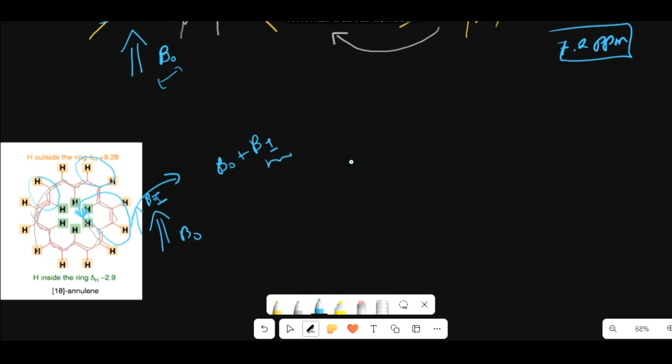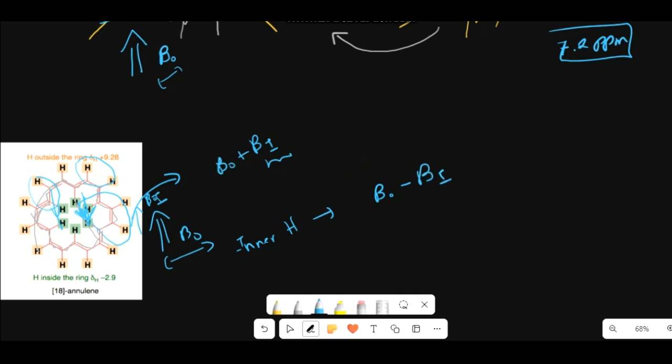Bi is the magnetic field due to the rotation of the electrons. But the inner hydrogens will have the magnetic field directed downwards, but our applied magnetic field is upwards. So in inner hydrogens, the total magnetic field will be given by B0 minus Bi.